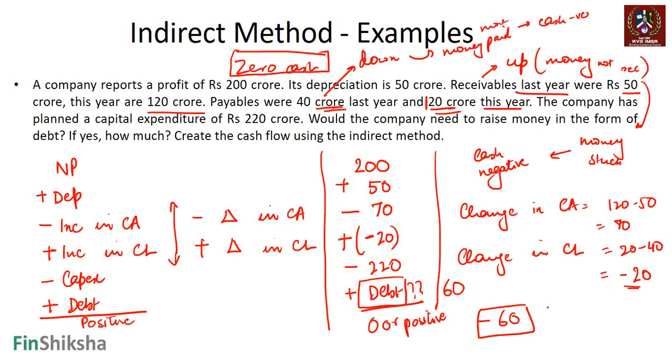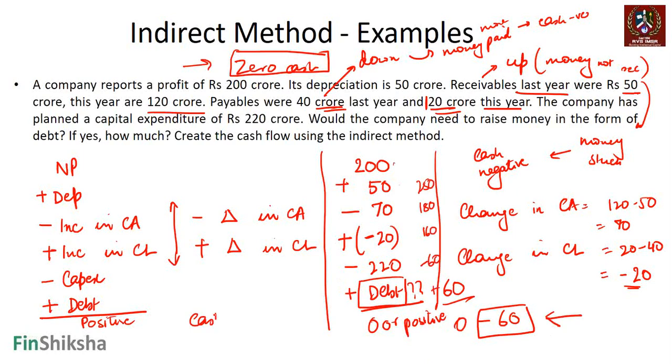And then you solve it and you get your answer as 60 crore of debt needed. So if you have 60 crore of debt, this will become 250. We can work cumulatively. 250 minus 70 is 180, minus 20 is 160, minus 220 is minus 60, plus 60 gives me 0. Right? So if I want to end at zero cash, the minimum I need in terms of debt has to be 60 crore, assuming the company has 0 cash.